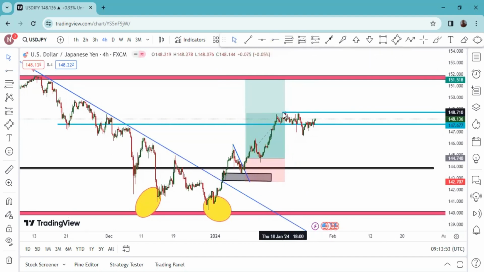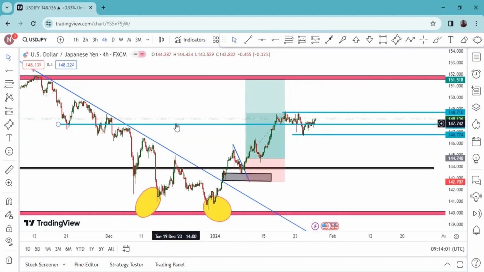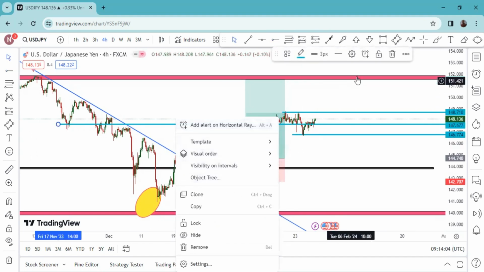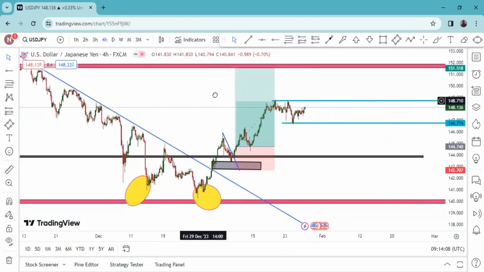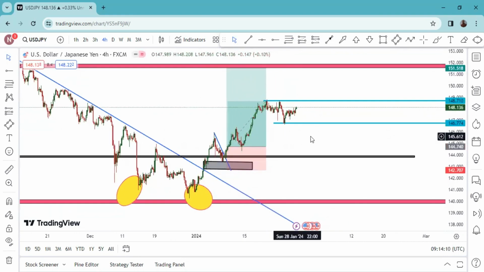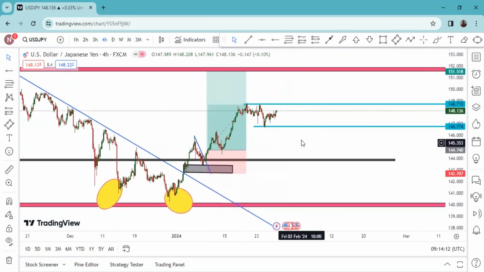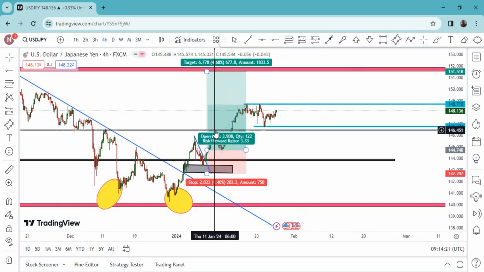This is what I'm expecting on USD. Now let me remove this one. I don't want to have so many chat things. This is what I'm expecting. If the market breaks to the downside, okay, my stop loss for the second part is immediately below this point.